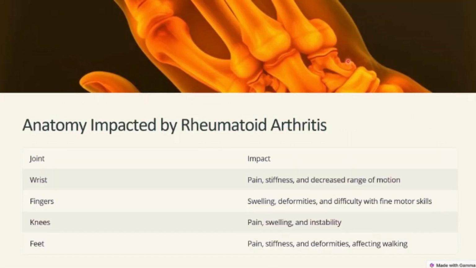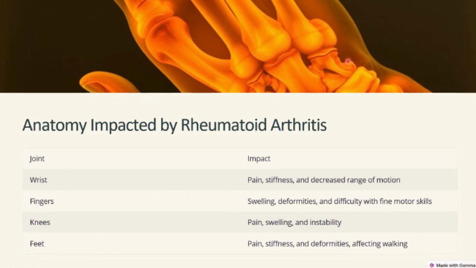Now, to better understand how rheumatoid arthritis impacts the body, let's take a look at the anatomy. Rheumatoid arthritis can affect many joints, but it's most commonly seen in the hands, wrist and the knees. Spine and hip are also commonly affected, but these three are the severely affected joints.